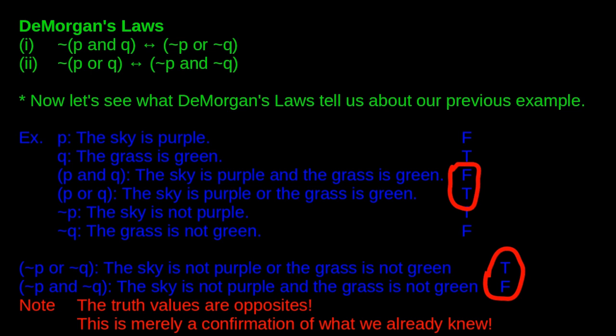It's important to note that this is merely a confirmation of what we already knew. We already knew that if P and Q is false, then not P and Q would be true. And we already knew that if P or Q is true, then not P or Q is going to be false. So we've merely confirmed that fact using DeMorgan's Laws.